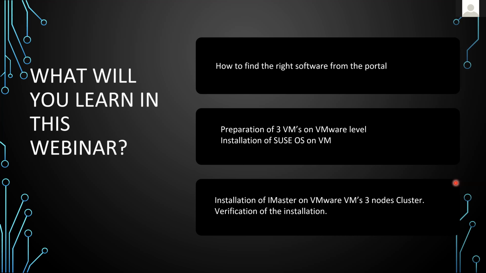But this webinar is about the cluster installation. We'll be preparing 3 VMs, and we'll be installing iMaster NCE campus on a 3 node cluster. We'll be using the SUSE Linux operating system, and the platform will be VMware. And then we will be installing iMaster, and then we will be verifying the installation.